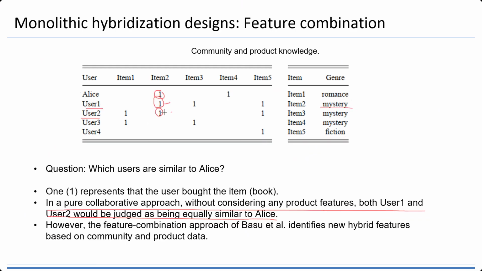But if you look at the other items, user one bought item three, which is mystery, and user one also bought item five, which is fiction. Meanwhile, user two is more diverse. User two bought item two, which is about mystery. User two also bought item one, which is about romance, and he or she also bought the item about fiction.